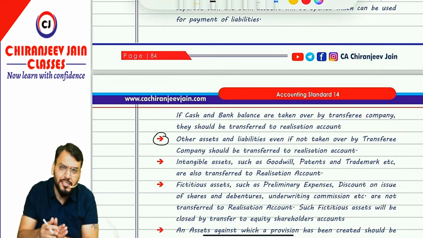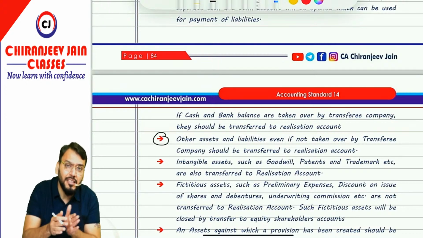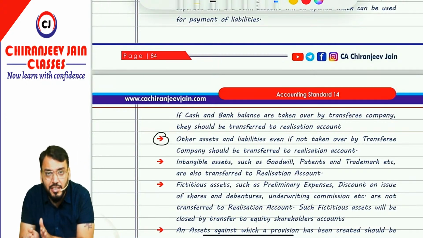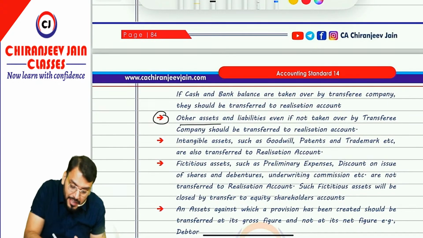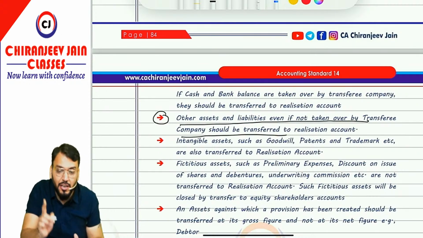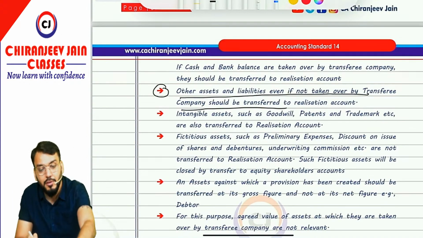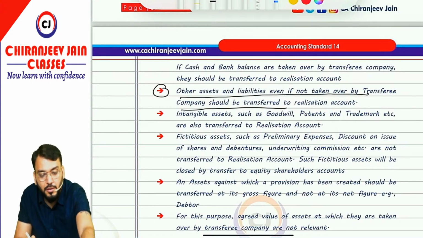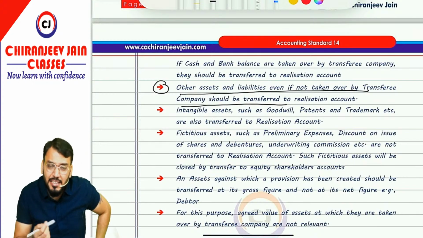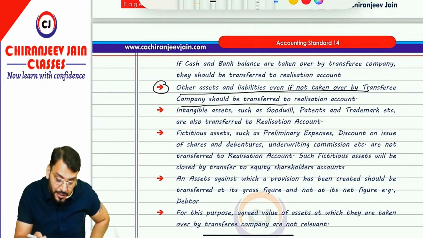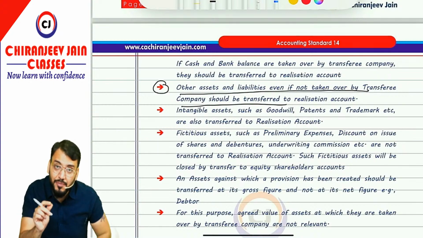So any asset or liability other than cash and bank will always be transferred to realization account, even if it is not taken over by the transferee company. Have you understood this point? Yes sir.